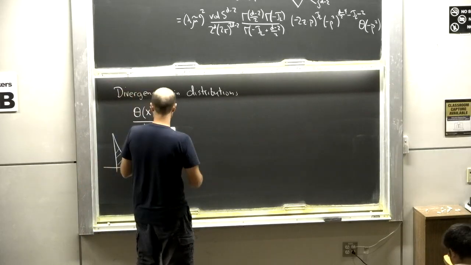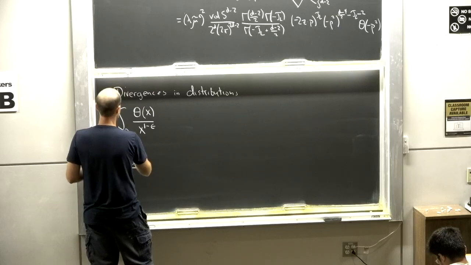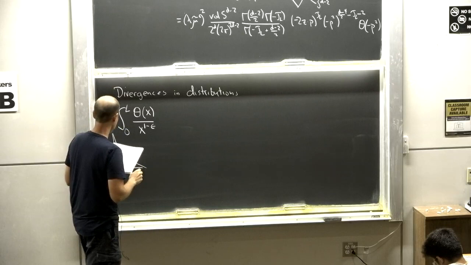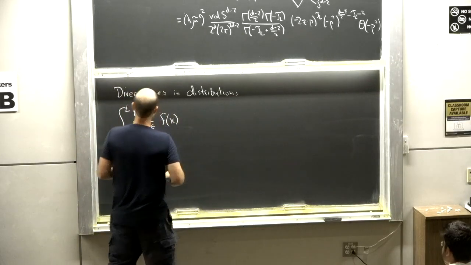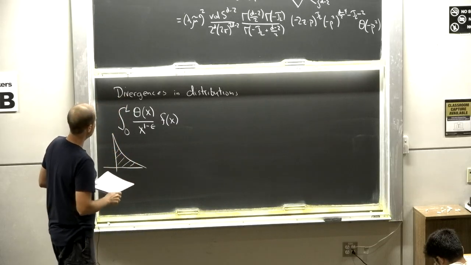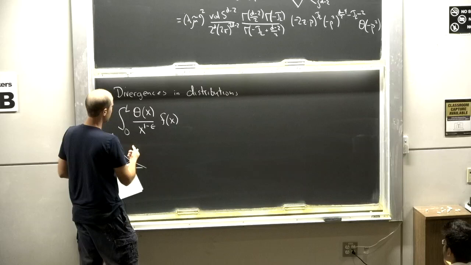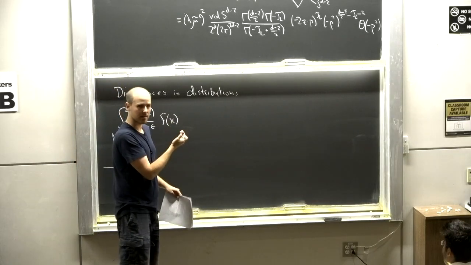So how do we see the pole? Well, let's imagine integrating this. So we're going to integrate x from 0 to some value L against a test function, f of x. And to see this divergence, it suffices to look very close to the origin, x equals 0. You can see something funny is happening there. And because this test function is as nice as it can possibly be, we can Taylor expand it around that point.